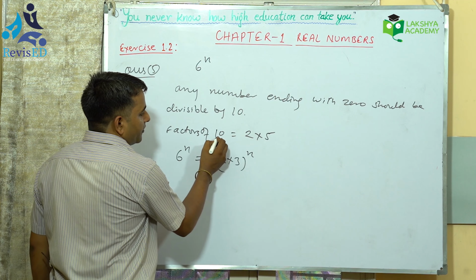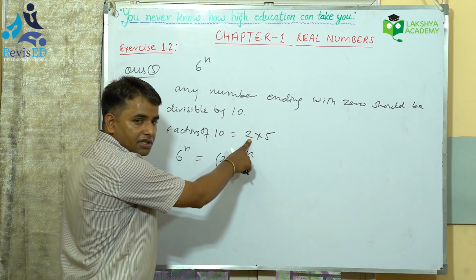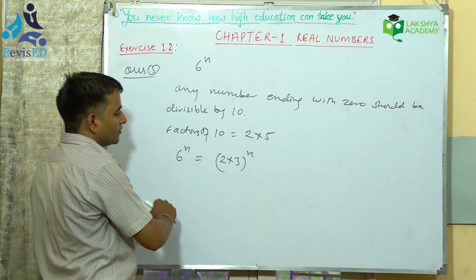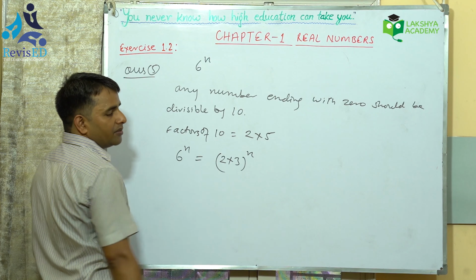Now see, for 10 the factors are 2 and 5, and here the factors are 2 and 3. So this number will never end with 0.